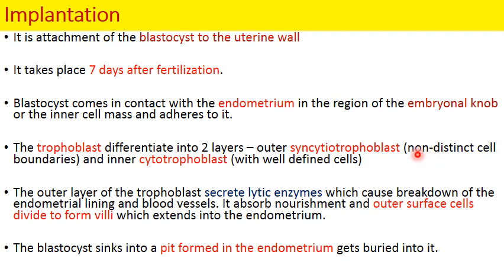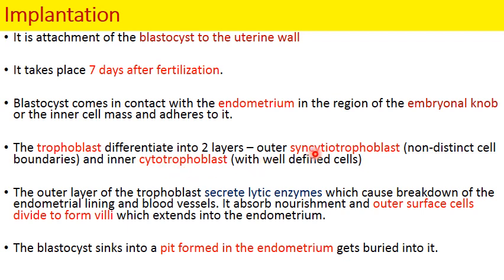So these are what we say are non-distinct cell boundaries. They don't have any cell boundaries, just a mass of cytoplasm with many nuclei in it. So that is the outer layer, the syncytial trophoblast. And the inner layer of the trophoblast has well-defined cells, so this is called the cytotrophoblast.